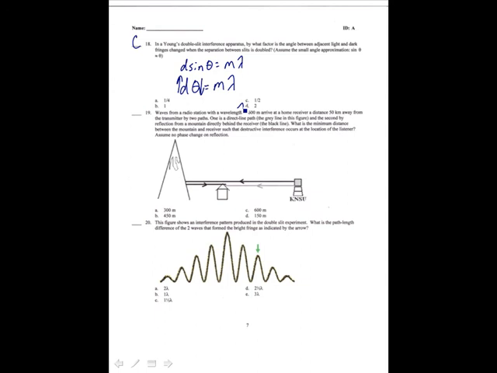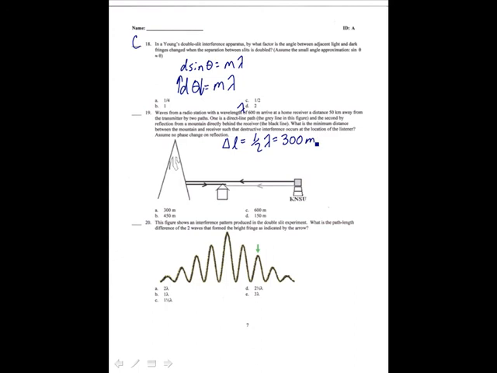What is the minimum distance between the mountain and the receiver such that destructive interference occurs at the location of the listener? In order to get destructive interference, you need a difference in path length by a half a wavelength. So the total difference in path length, delta L, has to be a half a wavelength, which in this case the wavelength is 600 meters, so it's 300 meters.